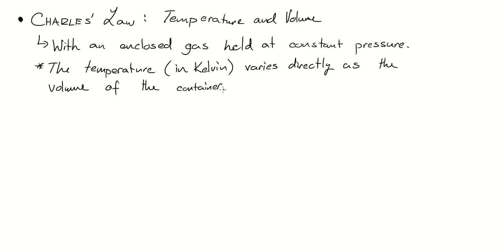Which means temperature goes up, volume goes up. Temperature goes down, volume goes down. They both go the same way. Temp increase, volume increase. Do I need to write temp decrease, volume decrease? No. In my notes I actually have if and only if, so it goes both directions.